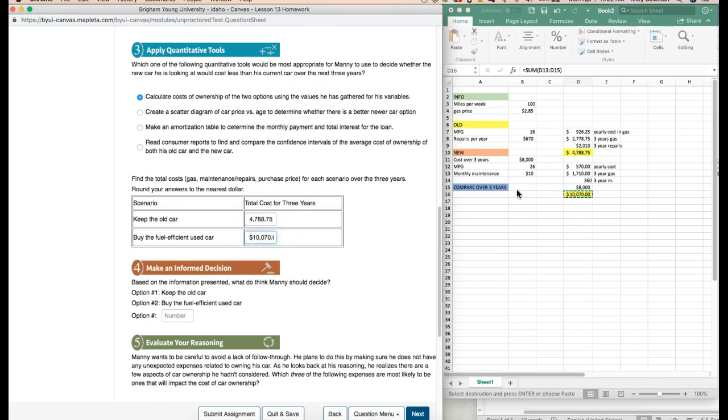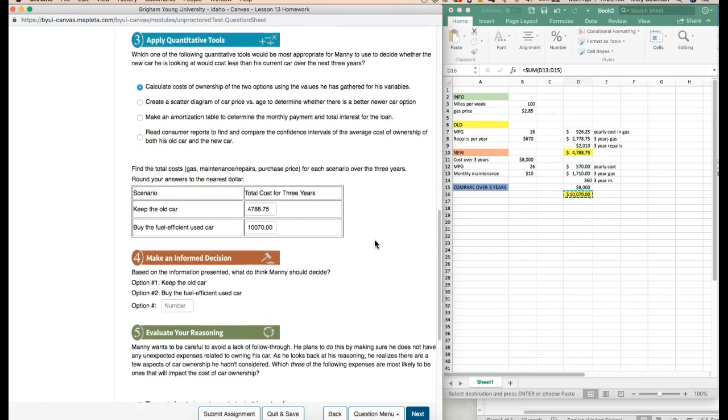I don't think that MapleTA will read that very well, so we're going to take that out. And same with this one. Okay, and just for format's sake, I'm going to take out the comma just in case MapleTA doesn't know how to read that either. So I'm not going to have any mistakes on the typo of the numbers.